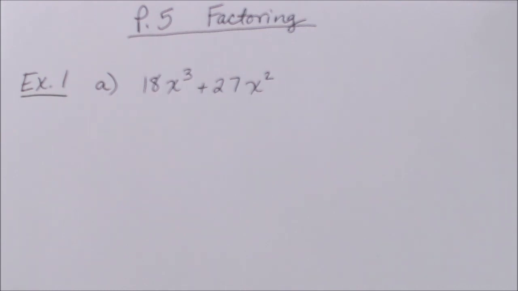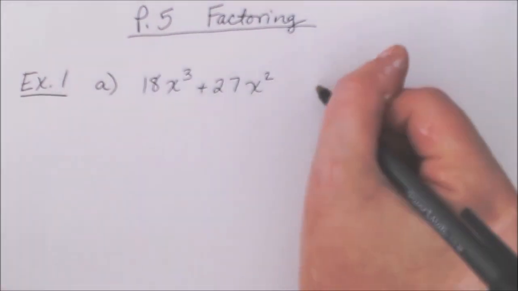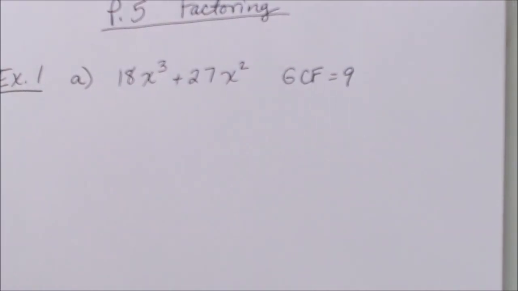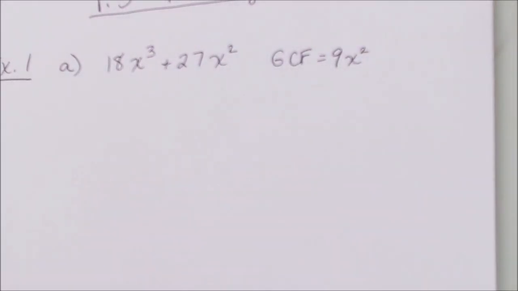So as far as the numbers go here, 9 is the largest factor that goes into both 18 and 27. So I'm going to write over here, our GCF is 9. And then for the variables, if they both have x's, for example, you want to look at the lowest powered term. So between x cubed and x squared, the lowest power term would be x squared. So our GCF is going to be 9x squared.